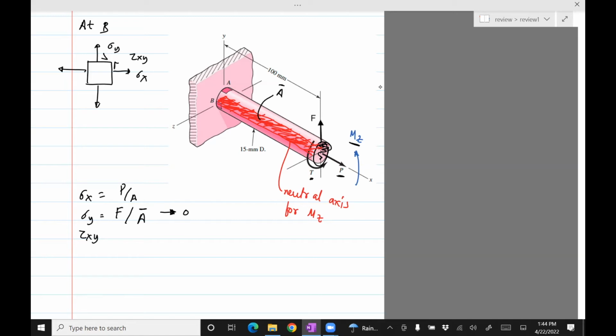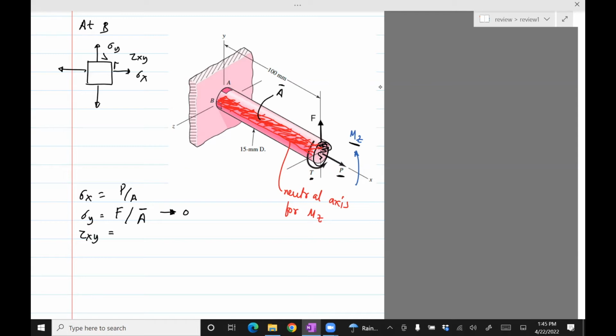In other words, if the cross-section area is fairly large and the force is small, then the stress is going to be 0 because A is tending towards infinity relative to F. So you don't have to write F divided by A, just write 0, and that's the right answer. Okay. And then finally, we have tau xy.